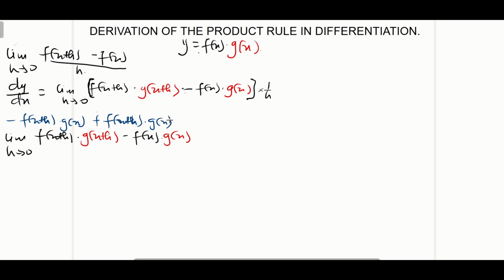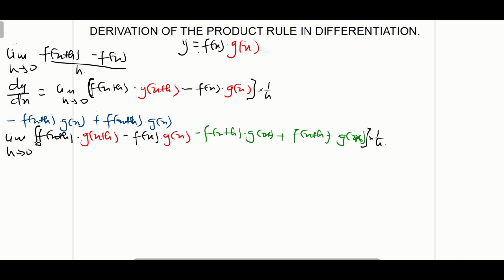Here we are now adding the whole of this, so we get minus f of x plus h multiplying g of x plus f of x plus h multiplying g of x. Mind you, everything is multiplied by 1 over h.